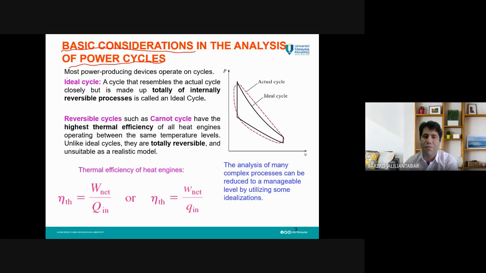Because most of the power producing devices, like different plants and heat engines, if you remember, which is an imaginary engine that produces work by heat absorbing or heat rejection. So power is produced in these devices and it operates on a cycle.